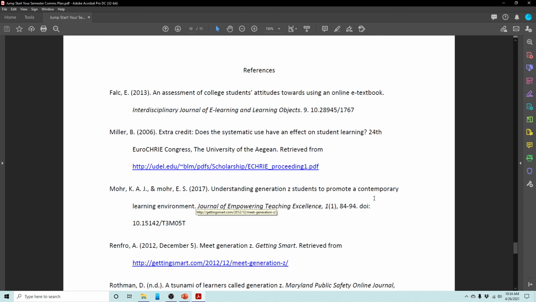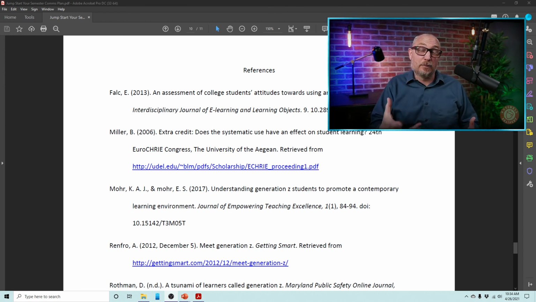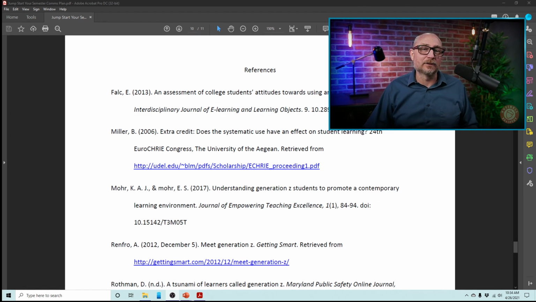References are very important. References are what demonstrate to the decision makers that you know what the heck you're talking about and that you can be trusted because you've done your research and you know how this will work based on the research. Okay, so do not forget your references.